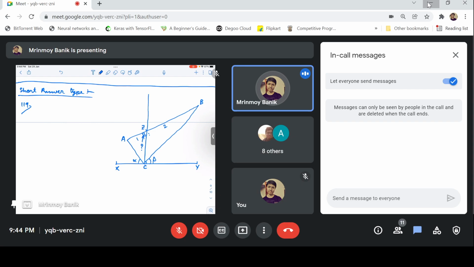So tan theta equals minus 3 cos alpha cos beta times, yeah, so theta is tan inverse of cos alpha cos beta by twice cos alpha sin beta plus cos beta sin alpha.